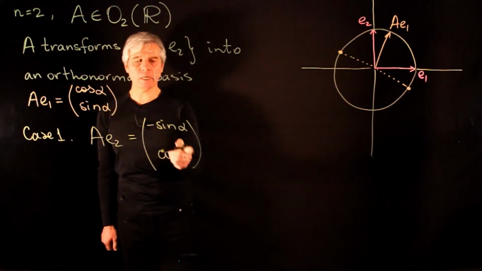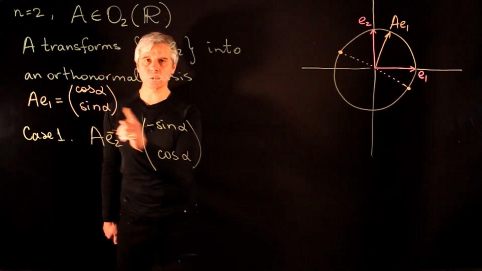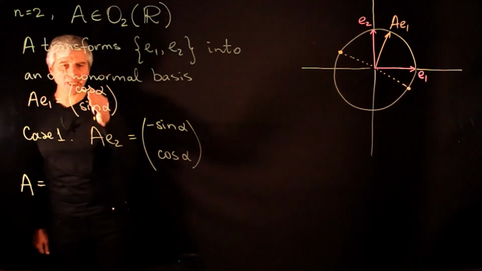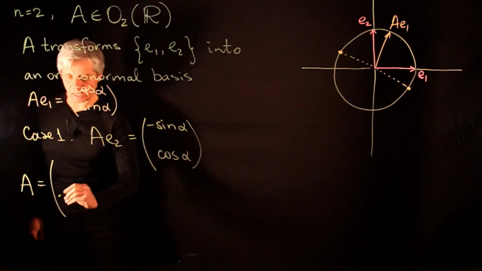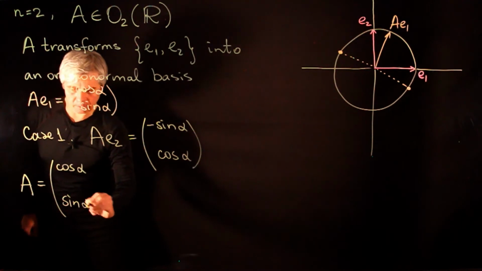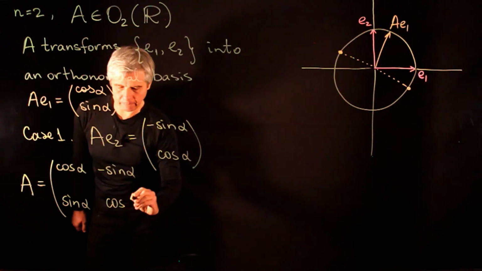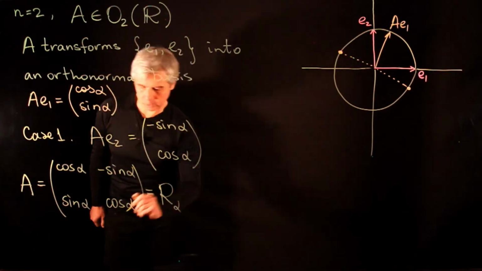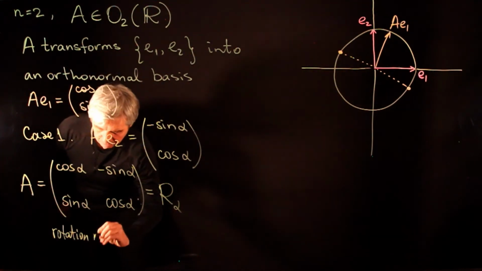It's clear that we have to choose a unit vector so that these two vectors have a zero dot product. In this case, the matrix of A is obtained by placing these as the first and second columns. So then we get cos alpha, sine alpha, minus sine alpha, cos alpha. And we see that this is a rotation matrix, R alpha.